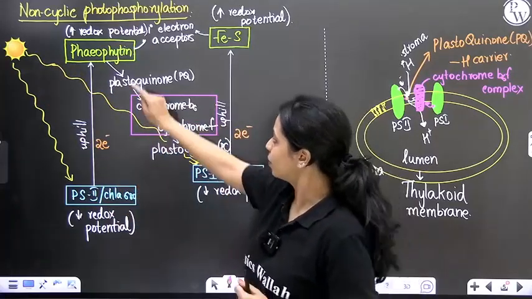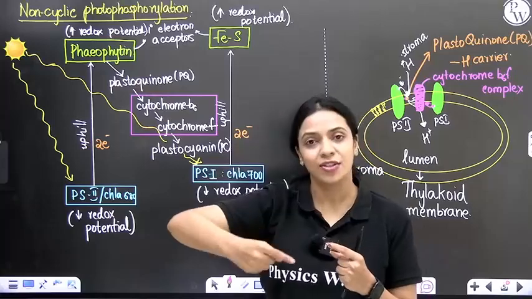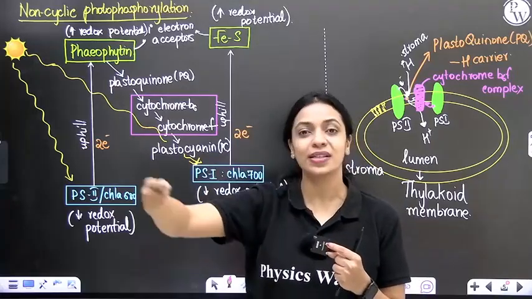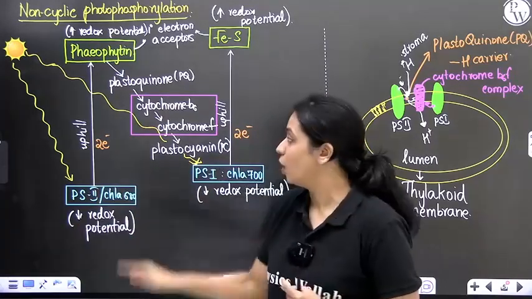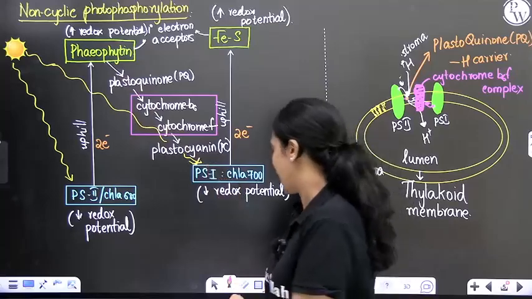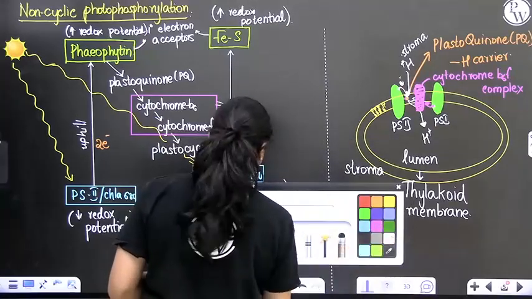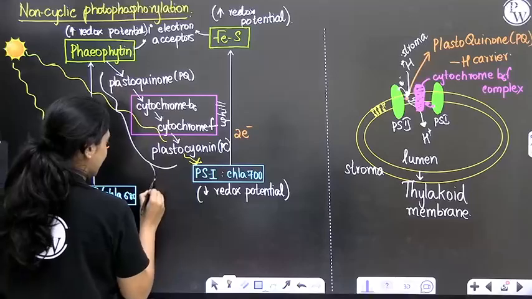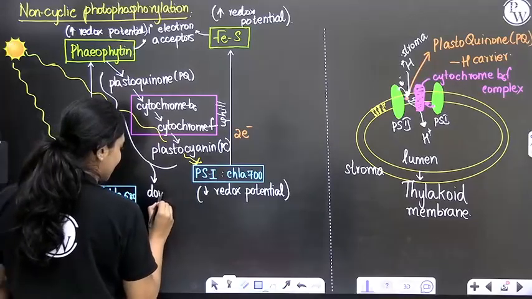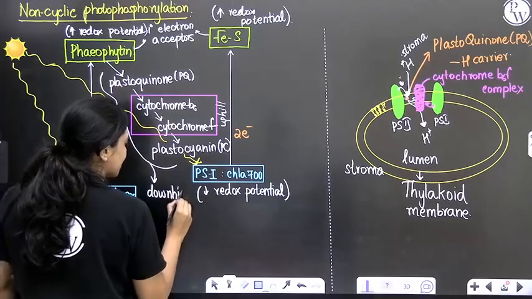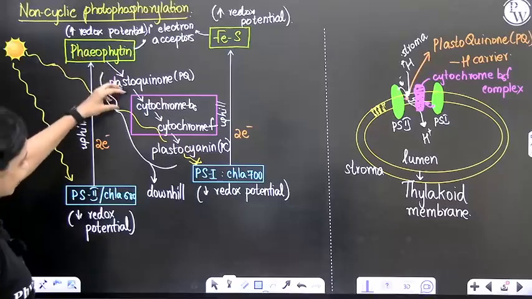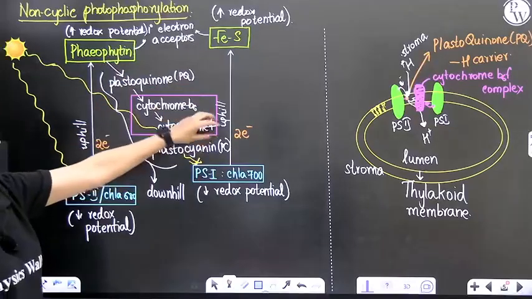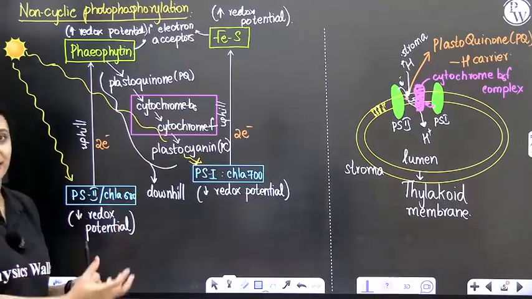Alright, now this pheophytin will pass on that same electron to a series of electron carriers. Whatever movement is happening over here, this is happening downhill. Whatever is happening here, this is happening downhill. And when the electron is getting passed on from one electron carrier to another, the energy is getting reduced.